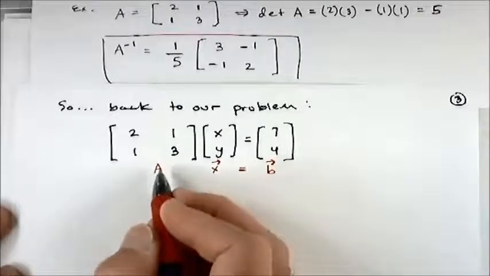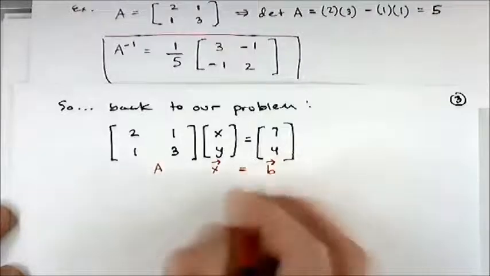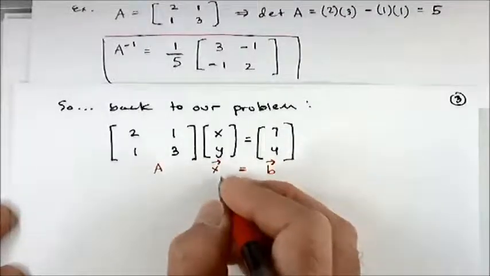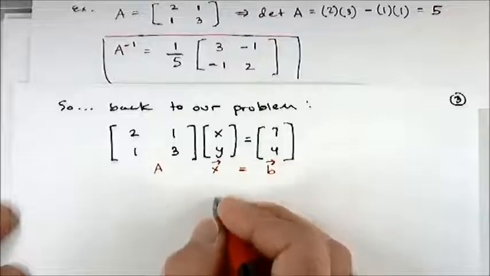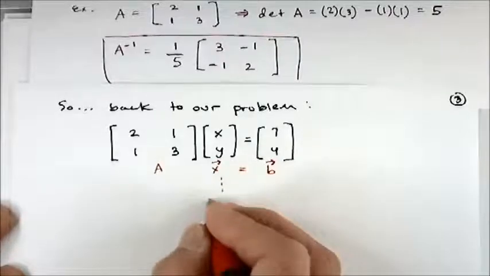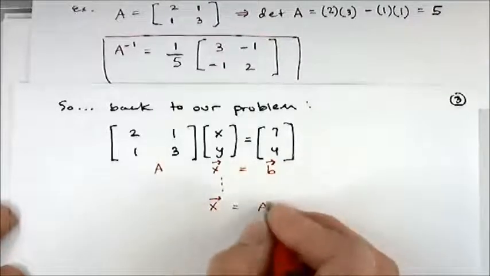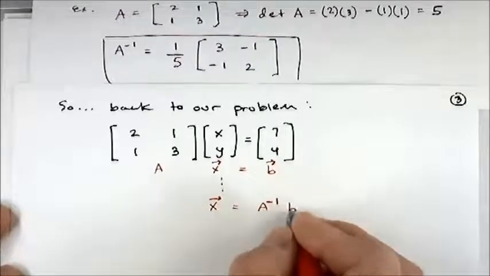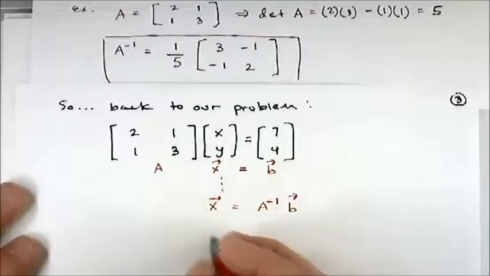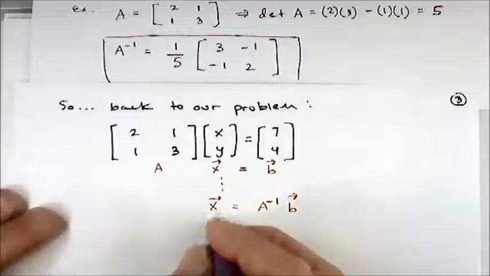That has the form of Ax equals b, and we went through the whole process there, deciding that the answer to this, I'm not going to rewrite all those steps, will always be A inverse times b. So let's do it.